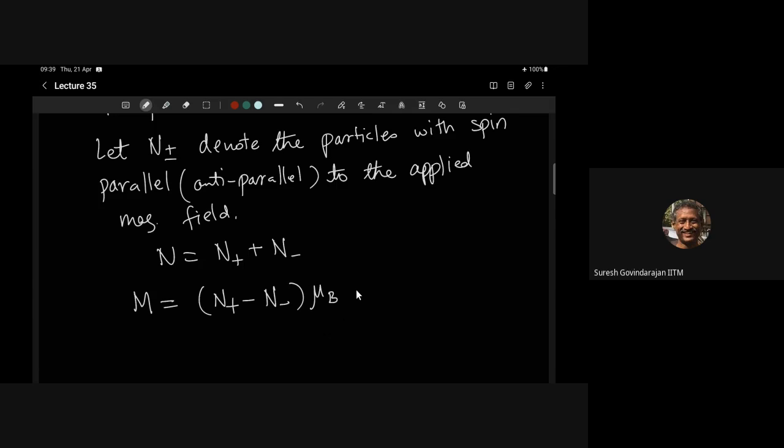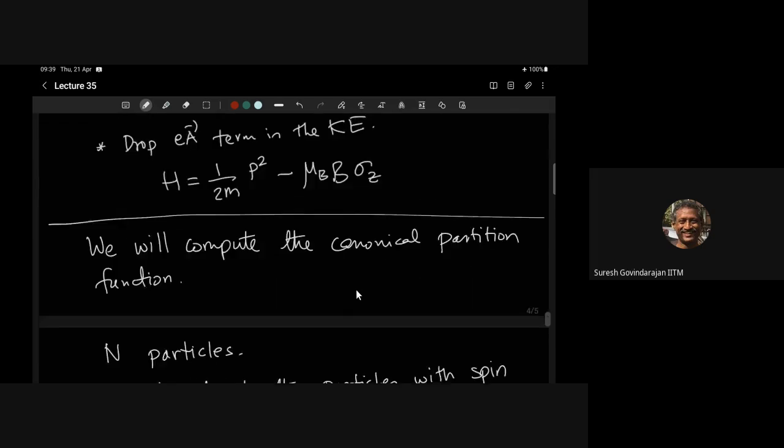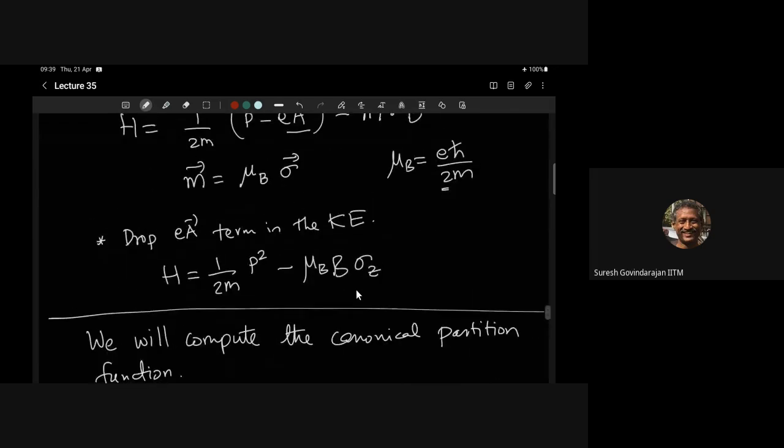Actually, I forgot the G factor of the electron is 2.